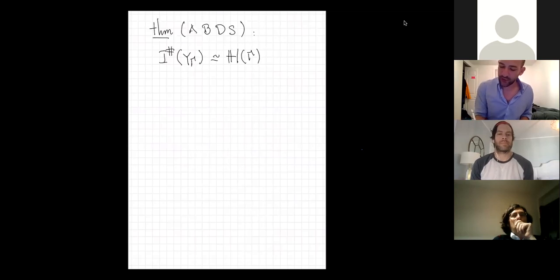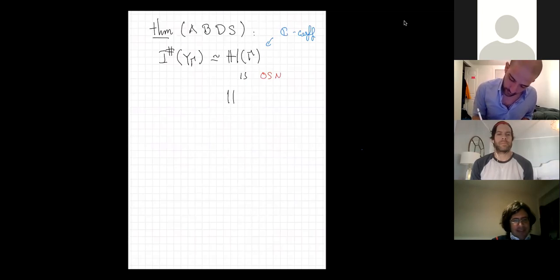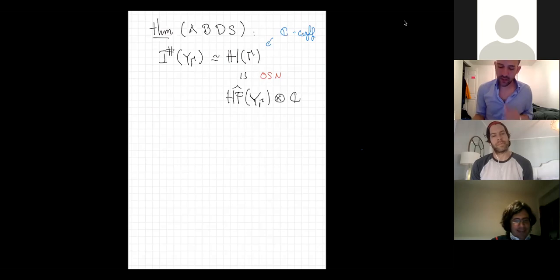That is isomorphic, because of some work of Ozsváth and Szabó, and maybe I should also add Némethi, to the Heegaard Floer group tensor C. This is what we prove.